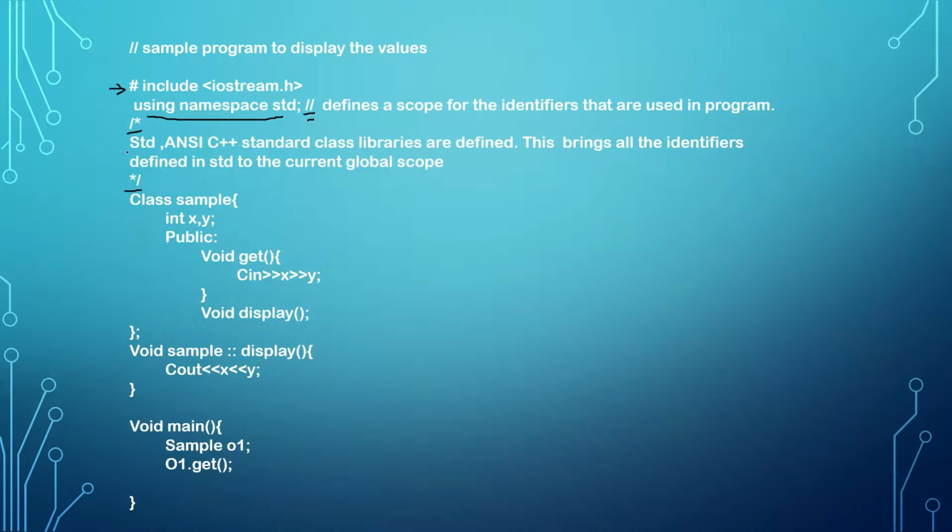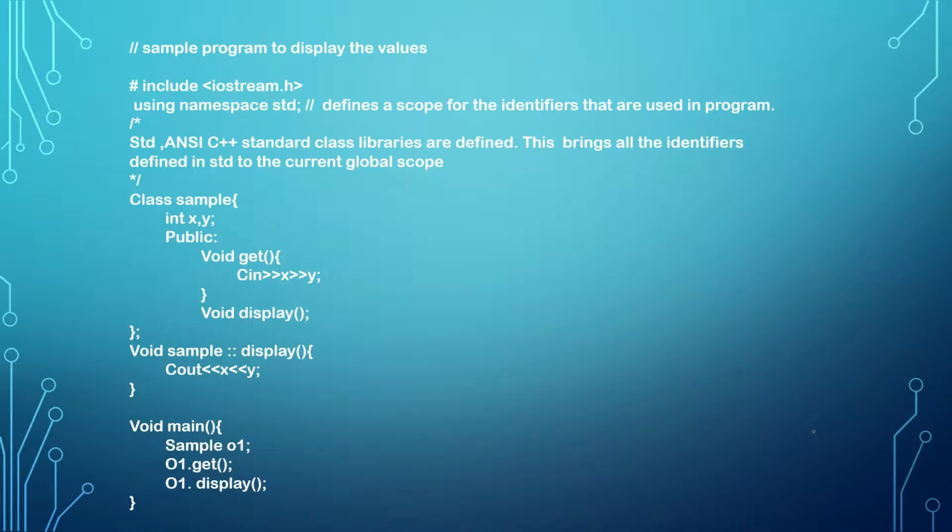Object dot get calls the get function, and o1 dot display calls the display function next. This is the code for accepting the value and displaying the value on the screen.